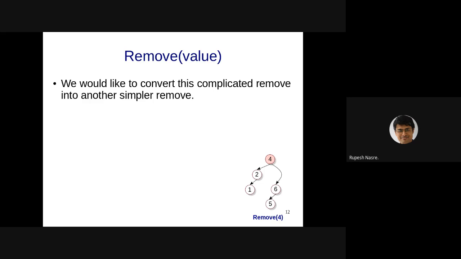Right? So that is the idea which we will use in this case. But is it guaranteed that one of these will always lead to a simpler remove? So that we have to think.